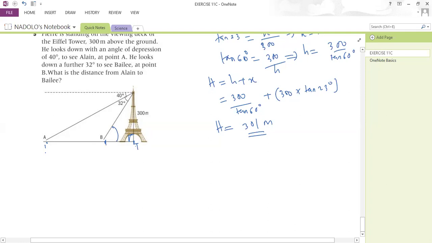Okay, so maybe we can get this angle here, angle B. Angle of elevation is the same as angle of depression. So this angle here should be similar to the angle here.